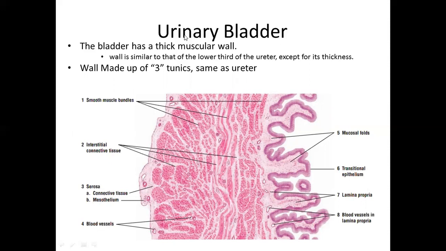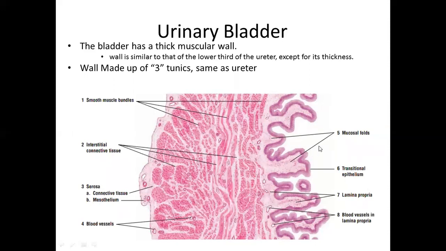The wall of the urinary bladder is again made up of three tunics, same as the ureter: tunica mucosa, tunica submucosa is absent, then tunica muscularis externa, and then tunica serosa, because it is surrounded on one side by the serous membrane in the body cavity.